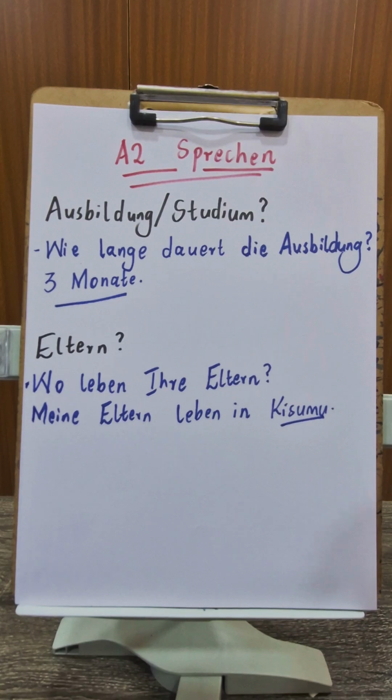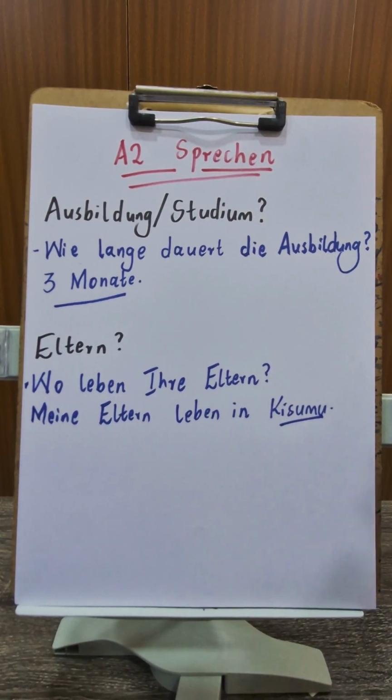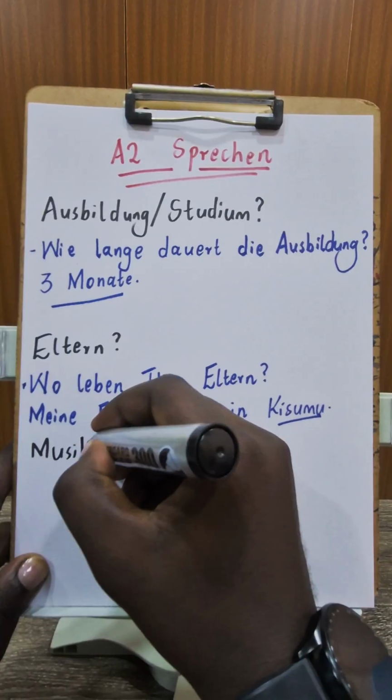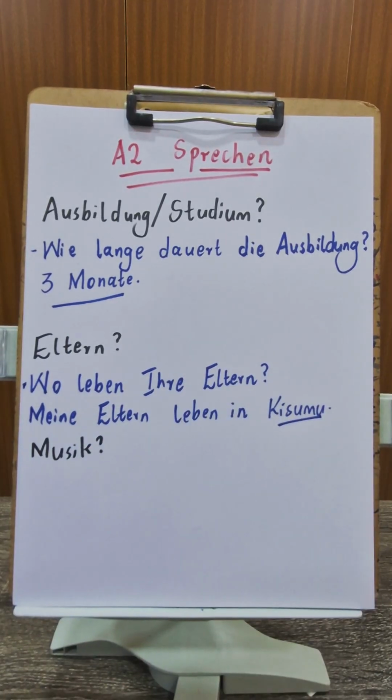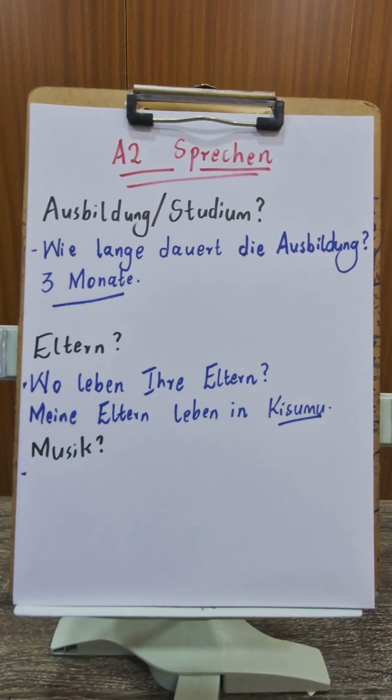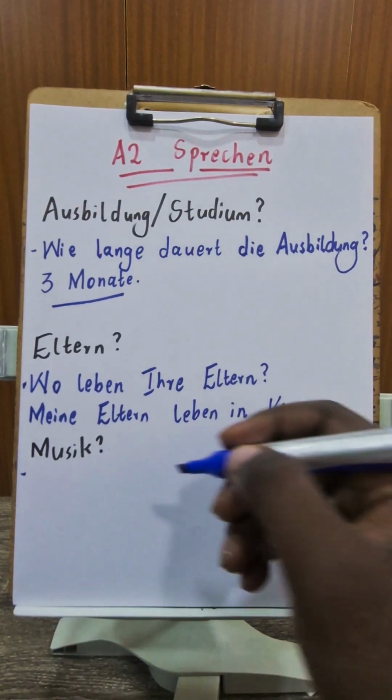Music is just music. I could ask you, which music do you like listening to? There are many ways. You could ask with welche Musik or was für eine Musik hören Sie gern?